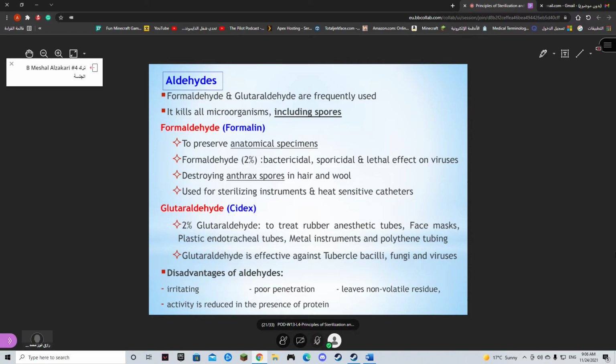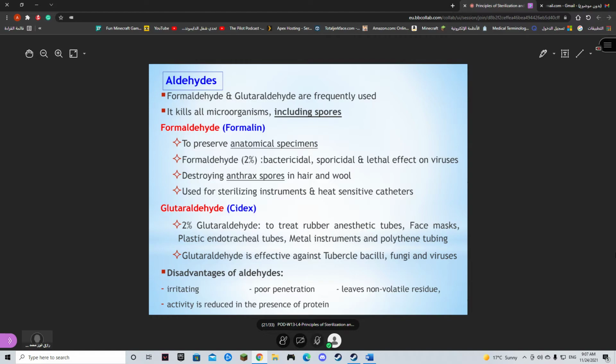You have to be careful, as I told you: while using the chemicals, you should be careful about the concentration. You are not supposed to use 100% formaldehyde. No, you cannot. You have to regulate the volume and the concentration. So only 2% means 98% water. Okay, so it destroys even anthrax spores, and it is very important for heat-sensitive catheters; you can use it.